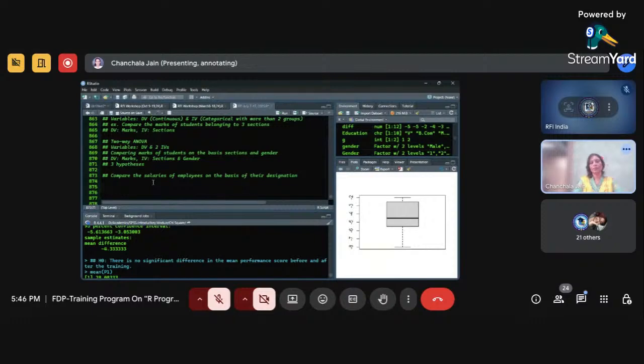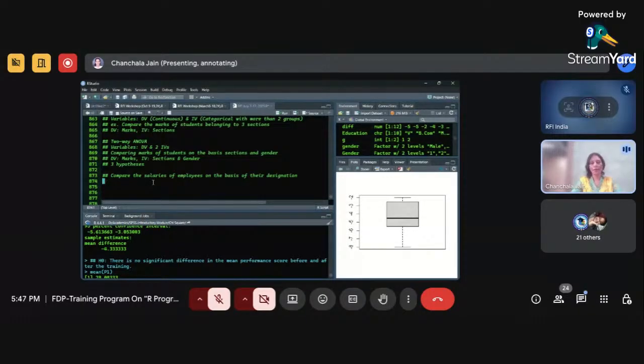This is the situation where I want to compare the salary of employees on the basis of their designation. Salary is undoubtedly the numeric, dependent variable, and designation will be the independent variable. If in the designation we take more than 2 categories, then we apply ANOVA.